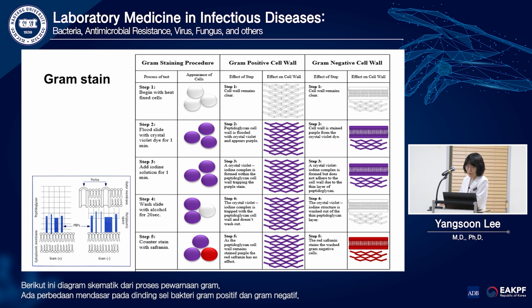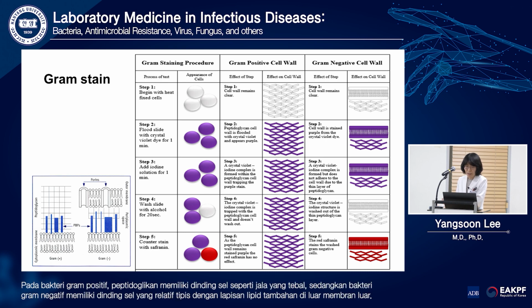This schematic diagram of the gram staining process is shown. There is a basic difference in the cell wall of gram-positive and gram-negative bacteria. In gram-positive bacteria, the peptidoglycan forms a thick mesh-like cell wall, whereas gram-negative bacteria have a relatively thin wall with an additional lipid layer outside, here, the outer membrane.